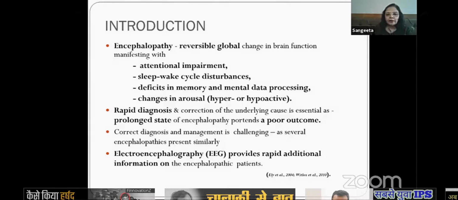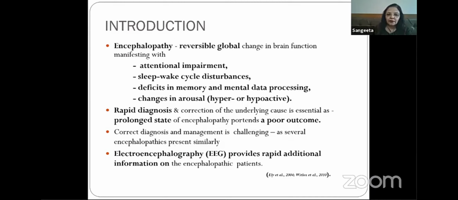It is very important to diagnose this encephalopathy because the earlier you diagnose, the better the outcome. If you have a prolonged state and it goes undiagnosed, you definitely have a poorer outcome. The moment you diagnose this, it is very helpful to manage it as soon as possible, because the problem here is that encephalopathy often presents in a similar way, even though the etiology may vary.